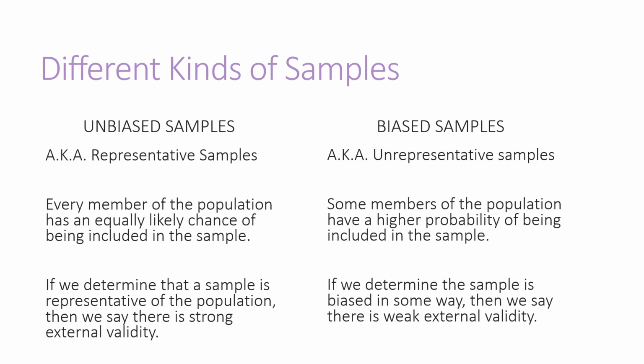This means that your sample does not accurately reflect some or all of the characteristics of the population. And if this is the case, then we would think that your study results probably have weaker external validity. That is, it would likely not fully generalize to the population, but probably only generalize to the people that were overrepresented in your sample that you studied.